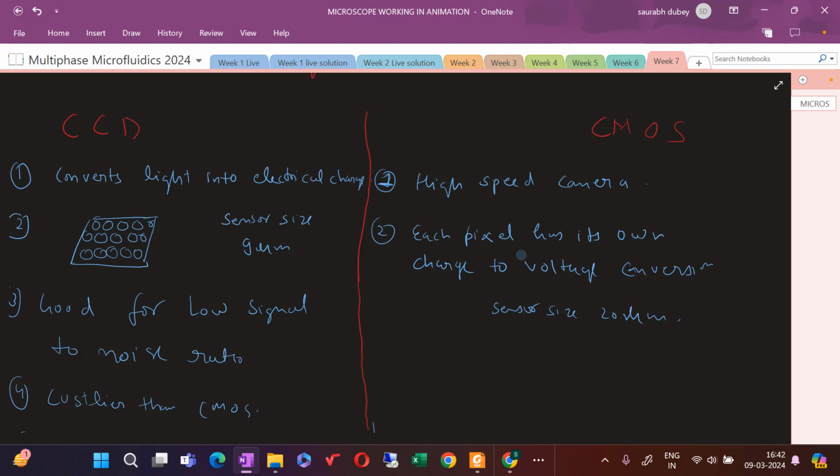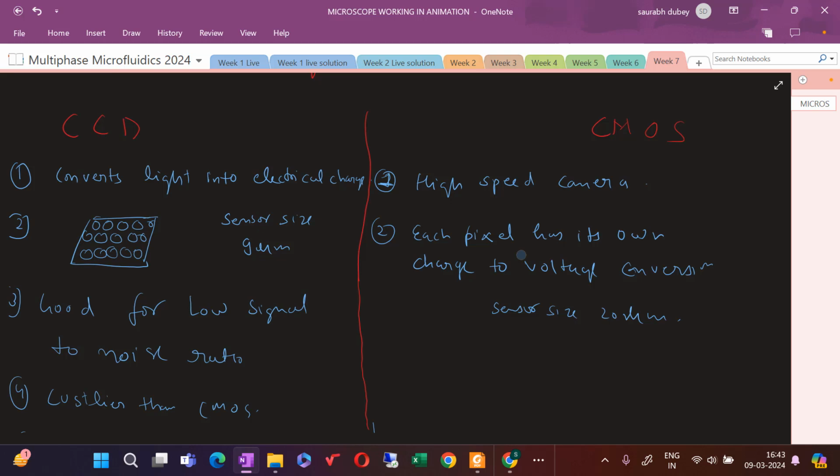Also, the sensitivity to low illumination levels is high, so CCD is good. CMOS might perform poorly when you compare with the CCD, because CCD performs well in low light.